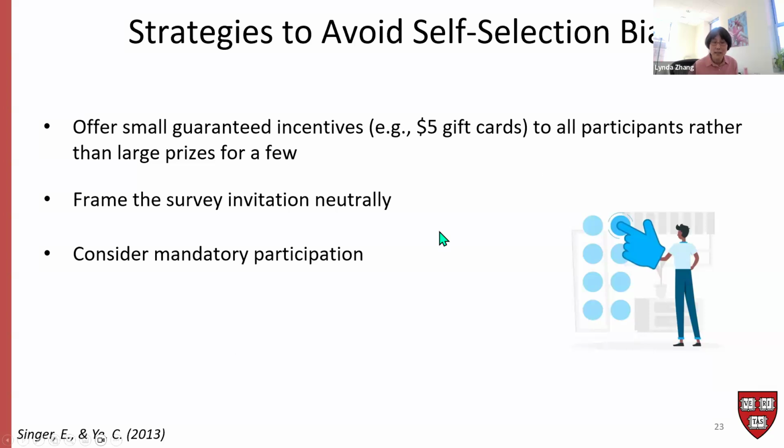And the second is to frame the survey invitation neutrally to avoid encouraging those who have stronger opinions. For example, you can say, we want to hear from everyone, regardless of your level of satisfaction. And the third way is to consider mandatory participation. This would definitely increase the response rate and avoid self-selection bias.